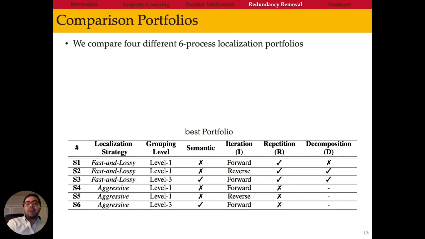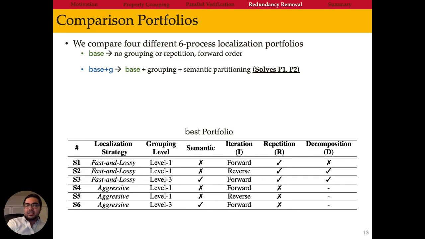To measure the impact of our portfolio on redundancy removal, we compare 4 different 6-process localization portfolios derived from our best portfolio. There is the base portfolio that represents a state-of-the-art localization portfolio without grouping. The next is the base plus G portfolio that extends the base portfolio and represents a state-of-the-art localization portfolio with grouping.